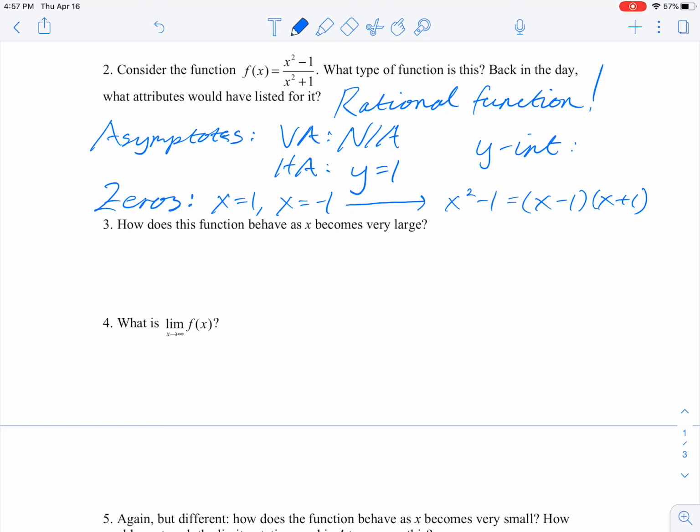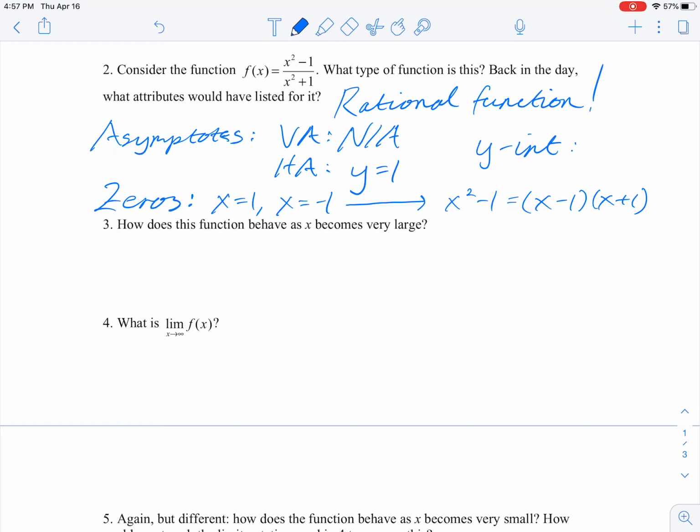Okay, now how does this function behave as x becomes very large? Well, that was what the horizontal asymptote was all about. It told us as x went to infinity, oh, that's an interesting choice of words. Yeah, as x went to infinity, what the function behavior looked like.